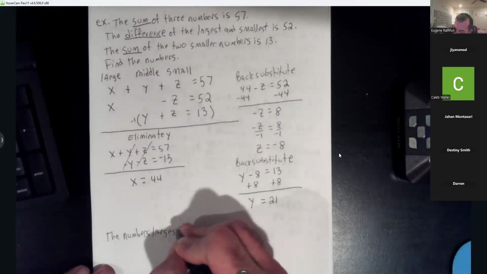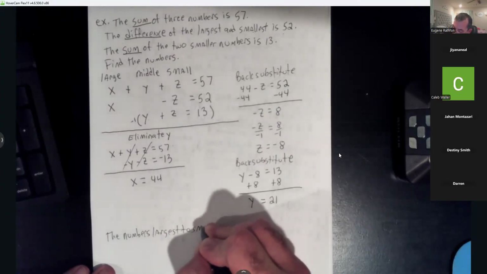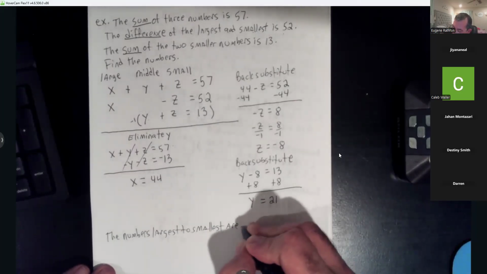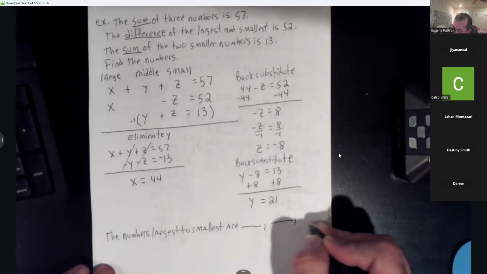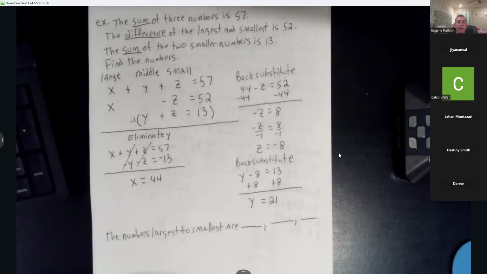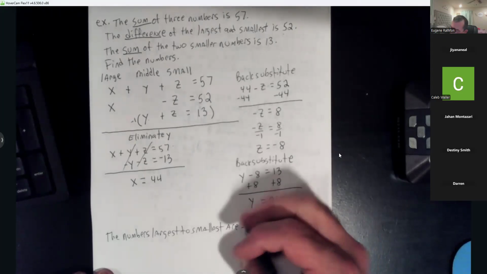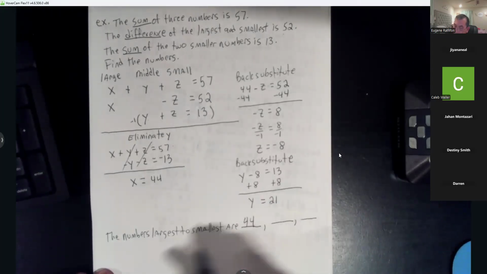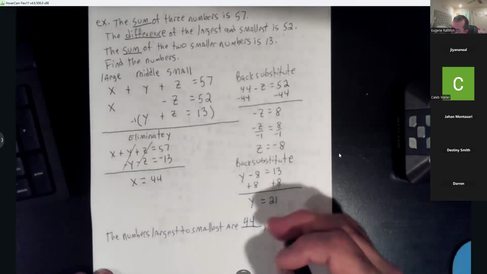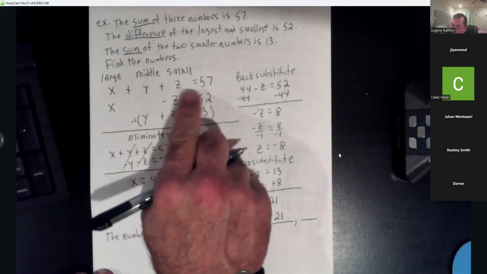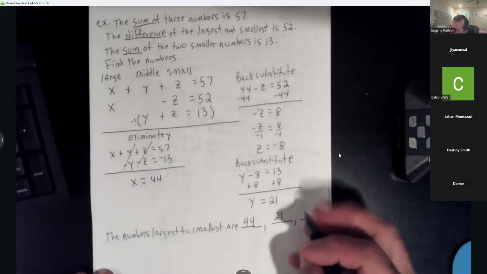So Math Lab will say the numbers largest to smallest are blank, blank, blank. All right, well, I know my largest number was my x's, so that's 44. My middle number was the y, that's 21. And then my smallest number was the z, and that was negative 8.